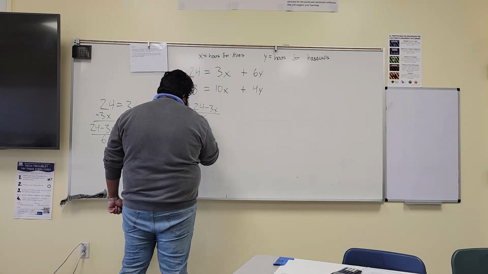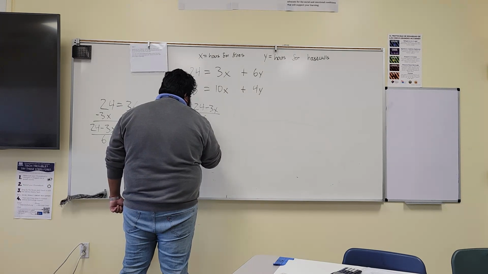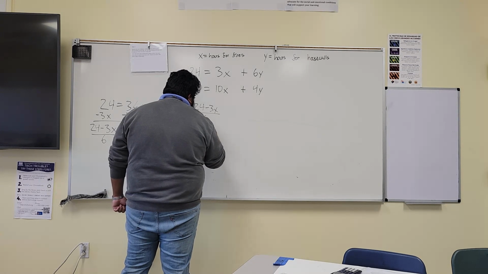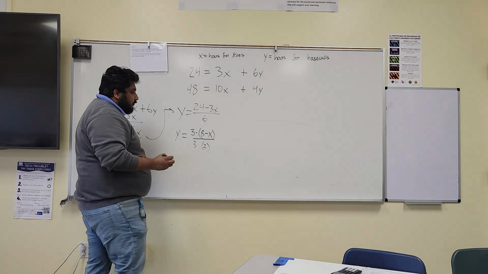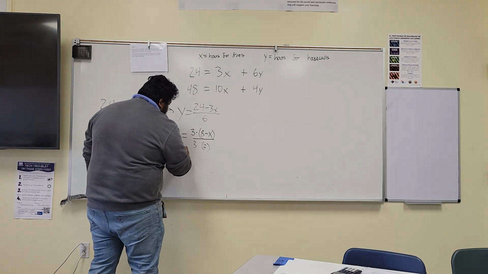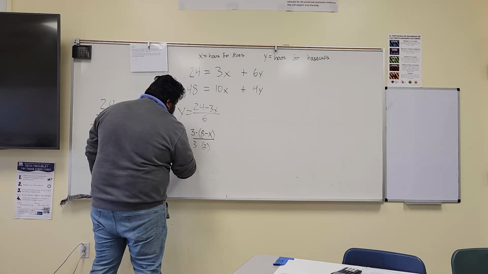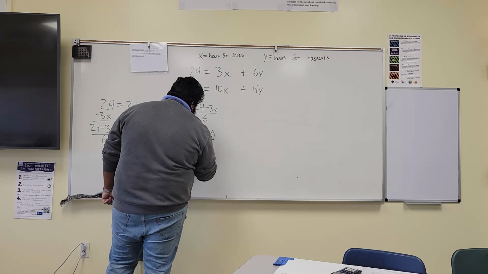So 3 times 8 minus x over 3 times 2. These are going to cancel out and we'll get that y is equal to 8 minus x over 2.